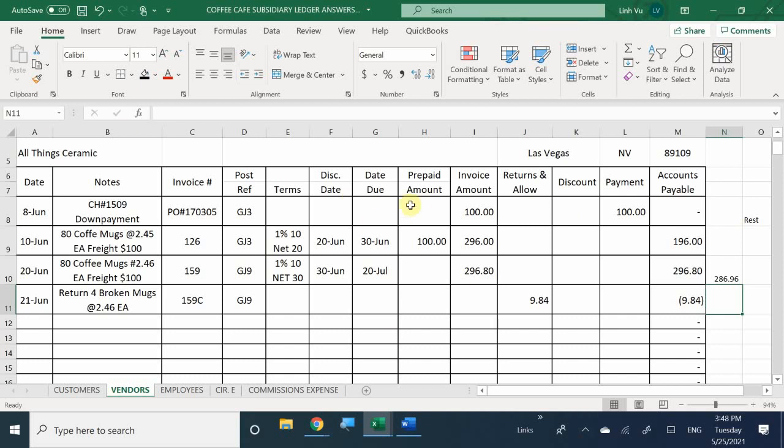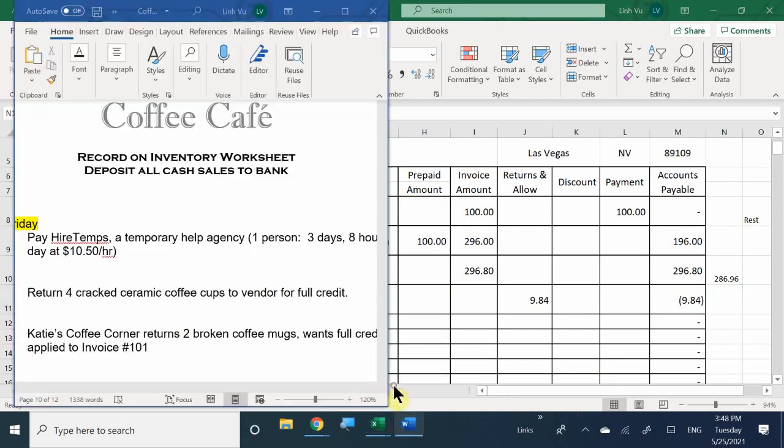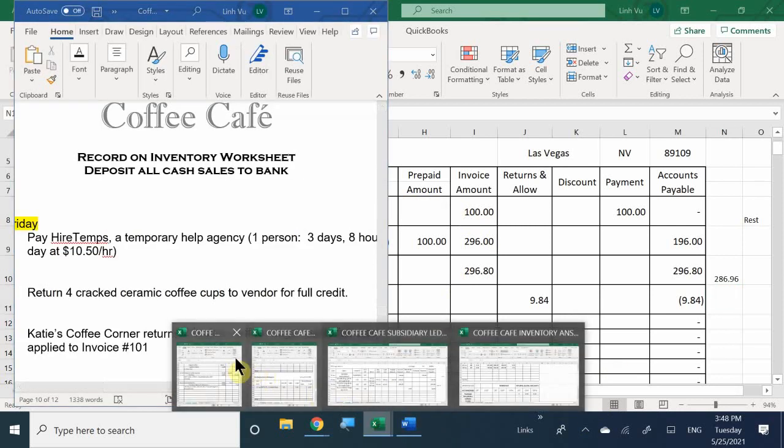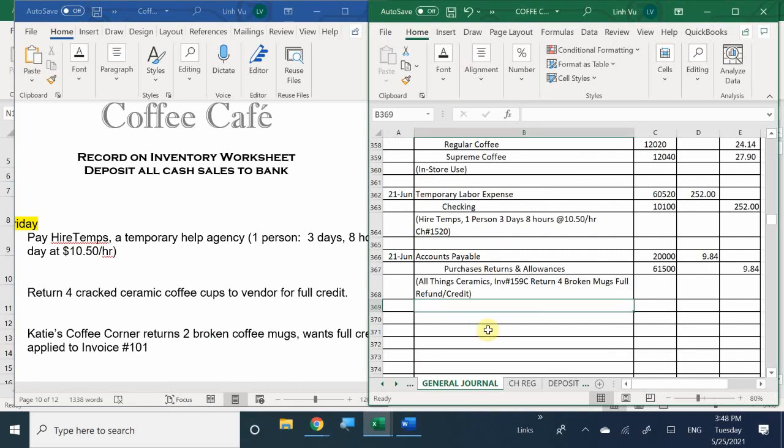All right. What's next? Is that it for this transaction? Yes. Okay.